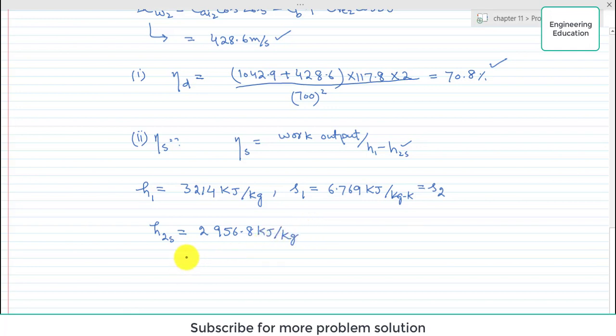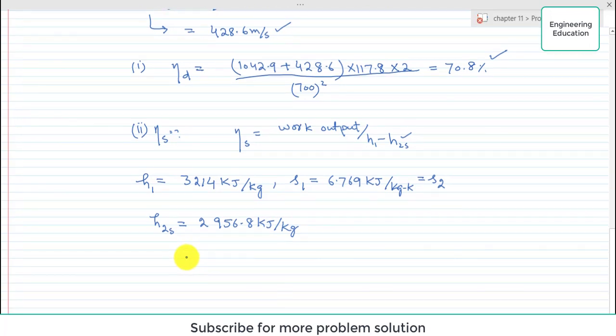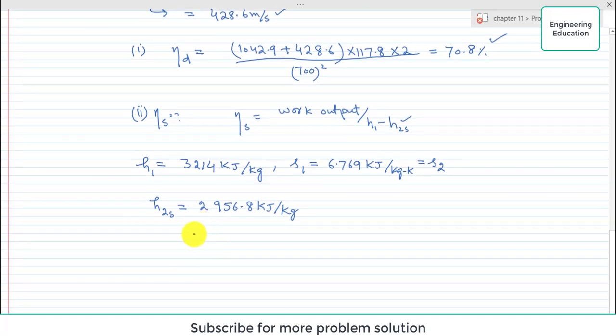So now to find the stage efficiency, for that we can write the expression, that is the work output, which is delta CW1 plus delta CW2 into blade speed divided by H1 minus H2S.